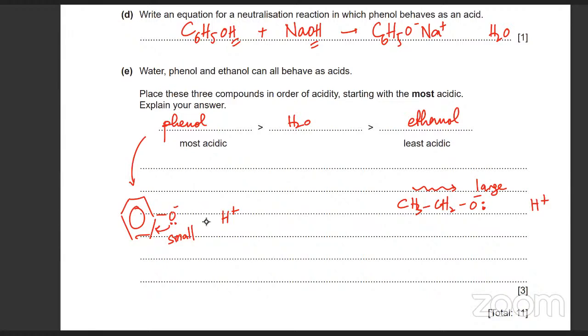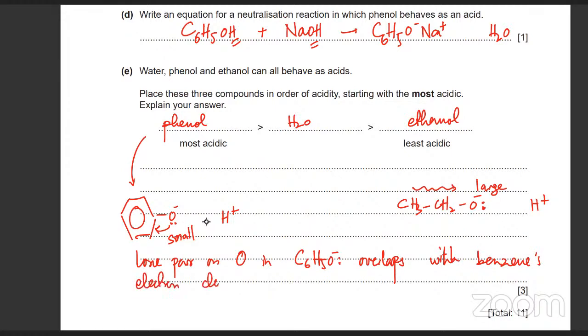So how would you describe this in words? The lone pair on O in phenoxide, which is the C6H5O- ion, overlaps with benzene's electron cloud, reducing the negative charge density.